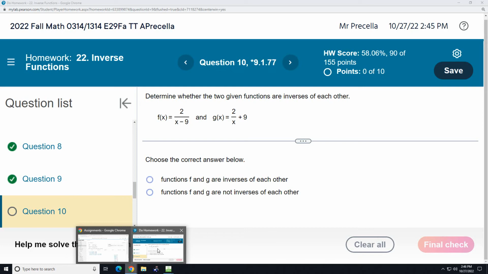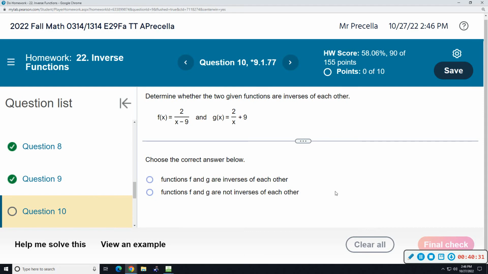So, looking at number 10, let me write the two functions down. We have f of x equals 2 over x minus 9, and g of x is equal to 2 over x.